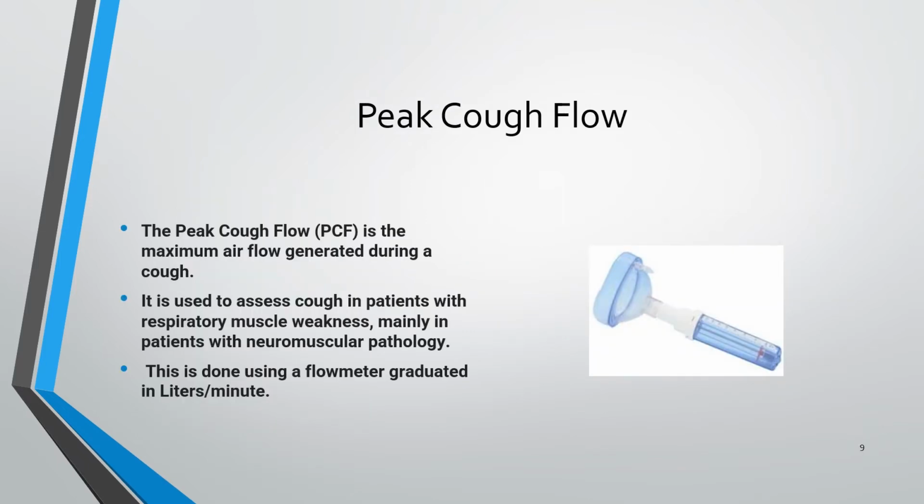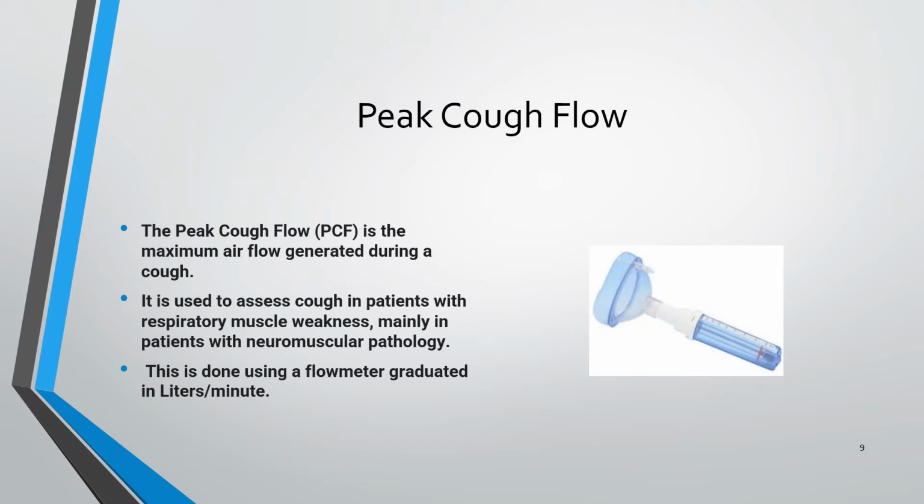Let us talk about peak cough flow in a little bit more detail. Coughing is an important respiratory defense mechanism that clears potential pathogens and maintains airway patency. A typical cough consists of the following sequential steps. Number one, you have to take a full inspiration.